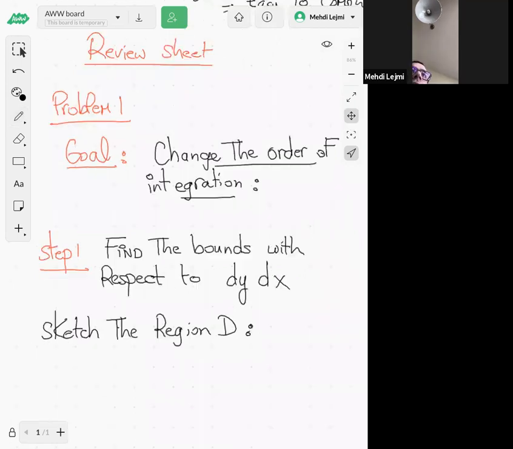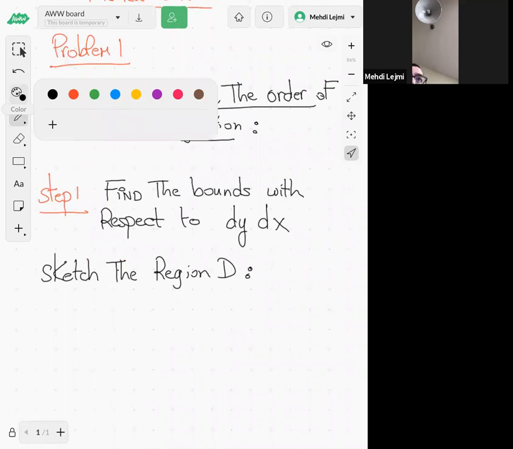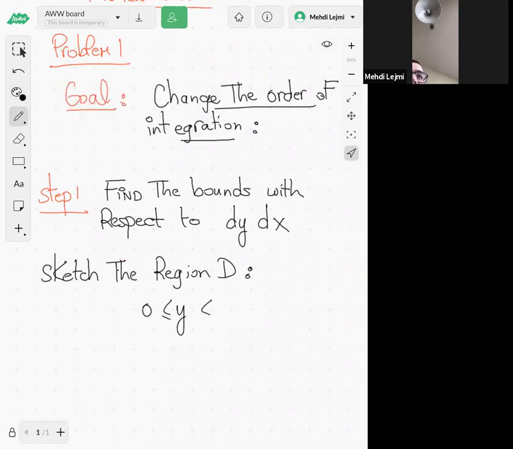You know that y is between 0 and 1, and x is between square root of y and 1.